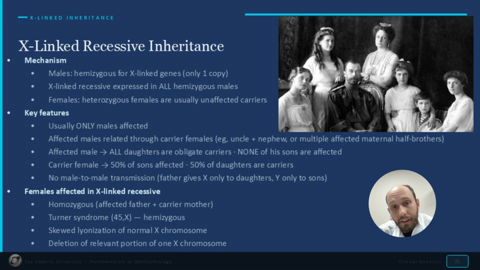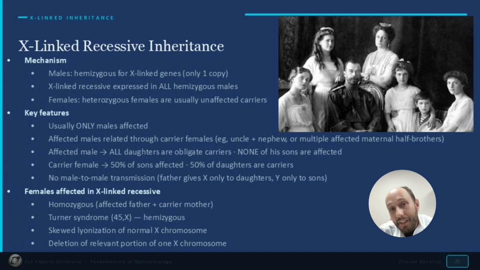Now, X-linked recessive mutations are very interesting because, as we know, males only have one X gene and females turn one of their X genes off. So males, by definition, are all hemizygous, and females typically are just fine because they have two, so they act as autosomal recessive from that standpoint.